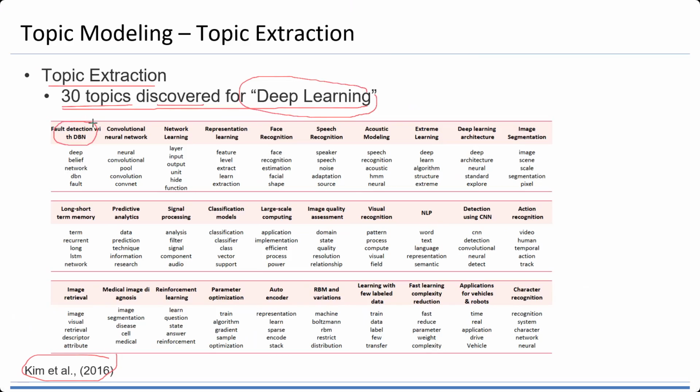Then they have a topic about fault detection. If the topic is about fault detection, the most frequent words are related to deep belief network, DBN, and fault. If it is about convolutional neural networks, then the most frequent words are neural, convolutional, pool, convolution, convnet, and so on. So you can see this is the topic and these are the frequent words.